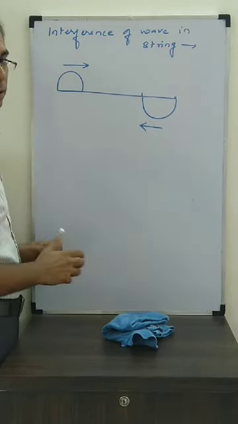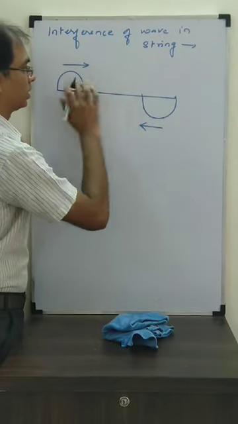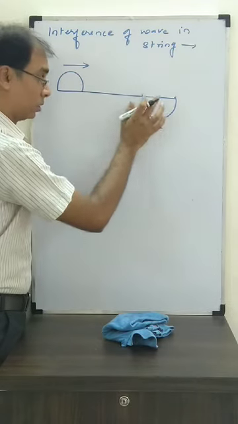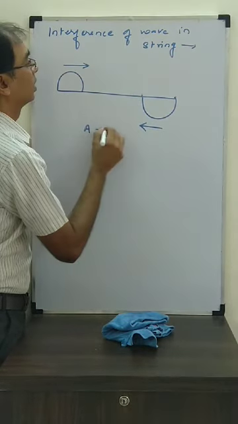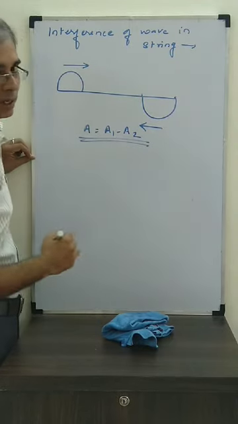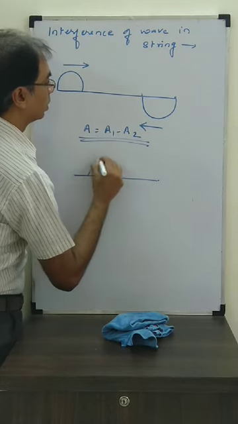So it's like this. What will happen here? Now in this one, both these pulses have a phase difference of 180 degrees. So wherever they are coming up, the resultant amplitude will be A1 minus A2. Let's see what's happening. This will happen.